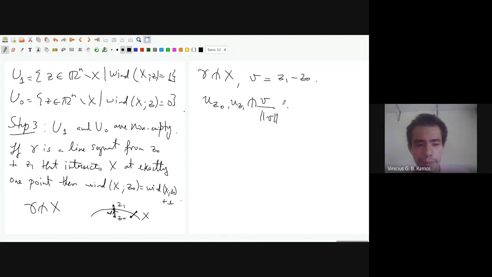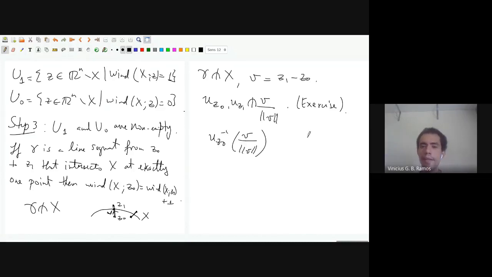Okay, so now, this is maybe an exercise, but a simple exercise from this transversality. We can look at the pre-image of this point. This is a regular value, so you can look at the pre-image of this.